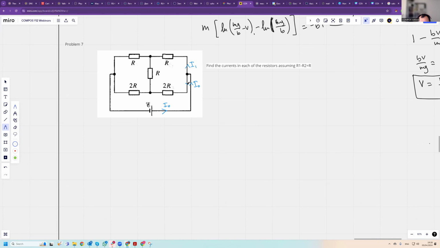And this one I can call I0 minus I1. Rather than introducing a new variable, I know that because the current splits, some goes here and some goes here, the total current has to equal I0. And indeed, I1 plus I0 minus I1 is going to be I0.